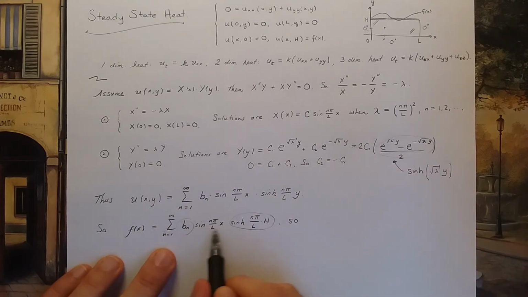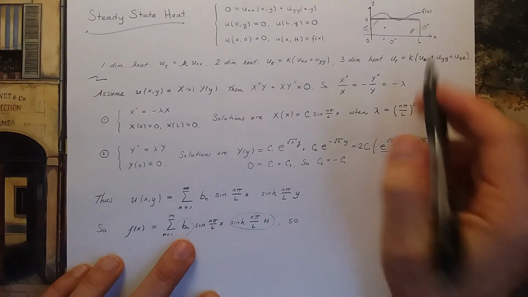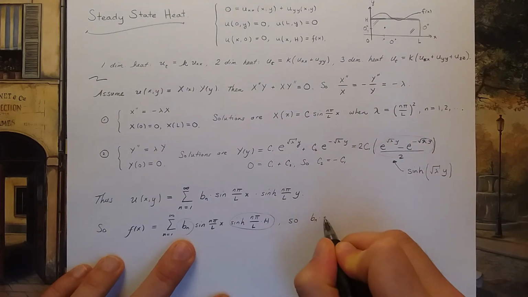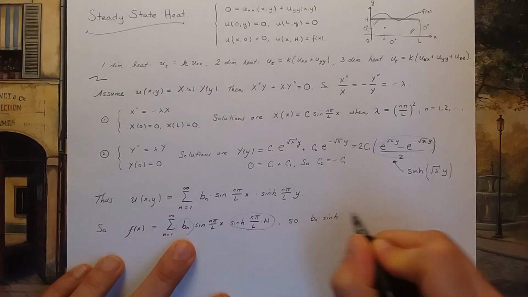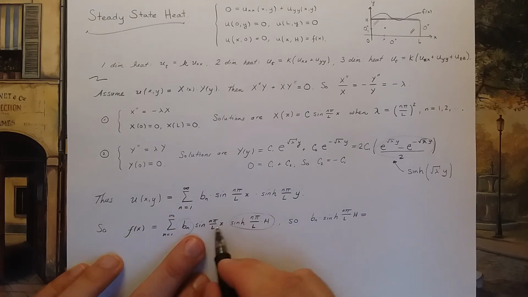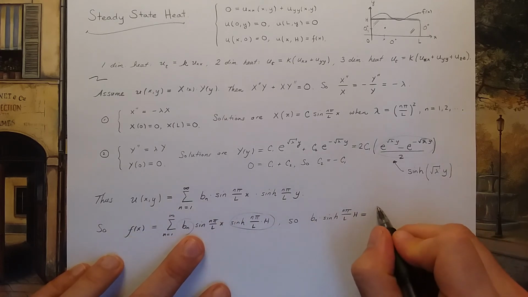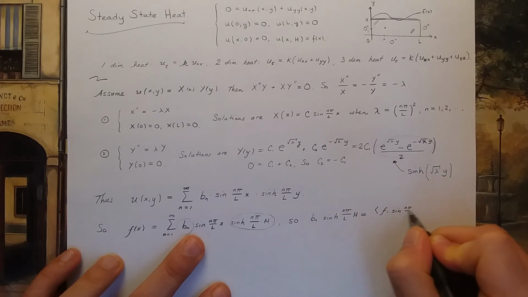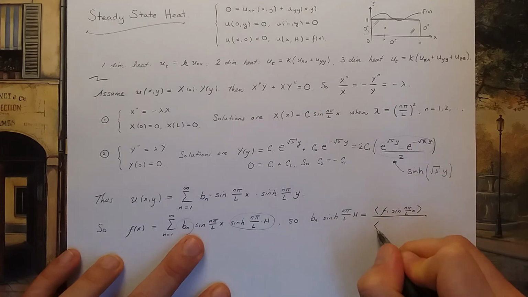So I could use the pairwise orthogonal property of the sine function on the interval from 0 to L to get that bn times sinh n pi over L h should be the projection of f onto the orthogonal family of sine functions. So that should be the inner product of f with sine n pi over L x divided by the inner product of sine with itself.